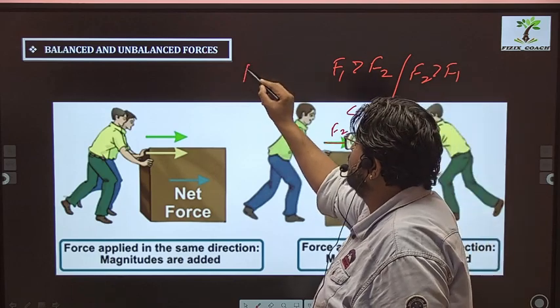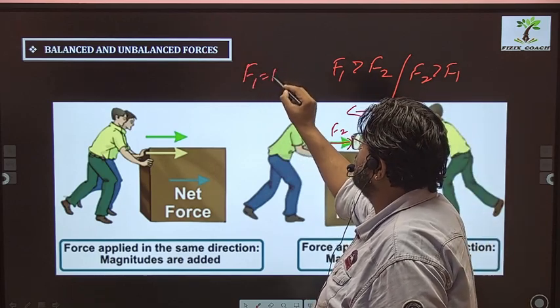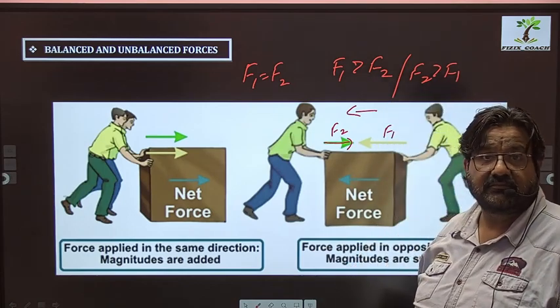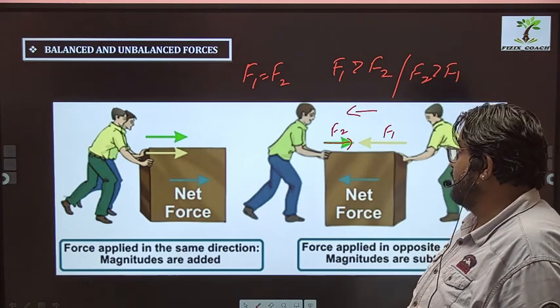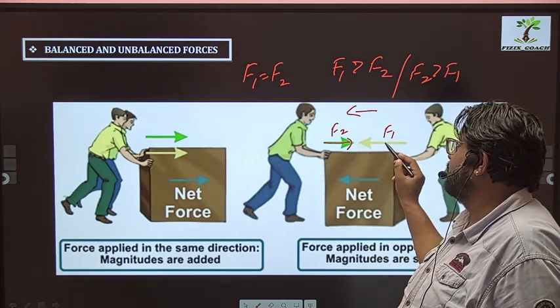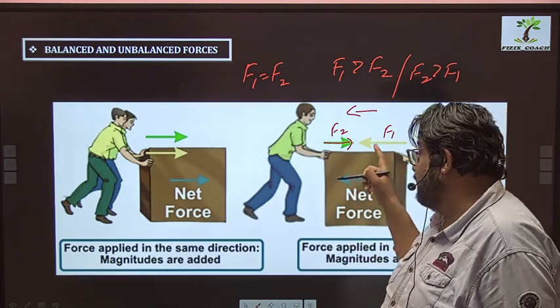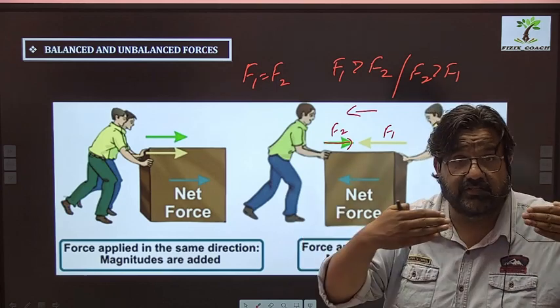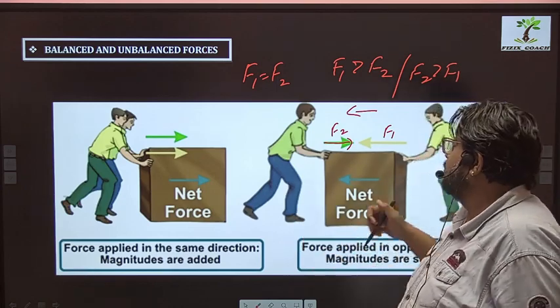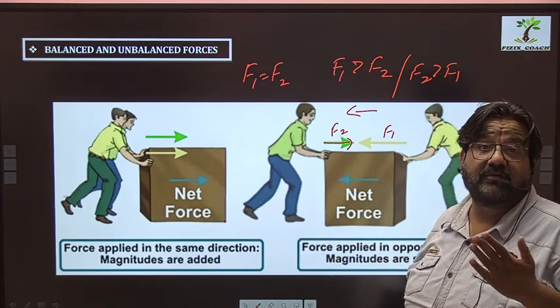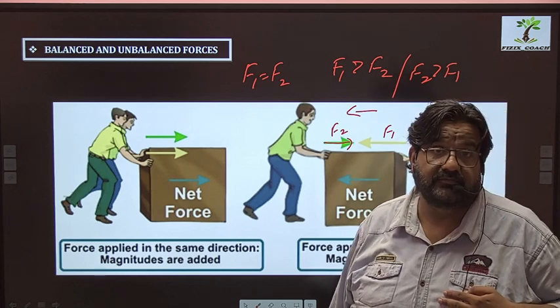If F1 is equal to F2, then what will happen? The forces will be equal, but the directions will be opposite. So when F1 and F2 are equal, the object will not move.